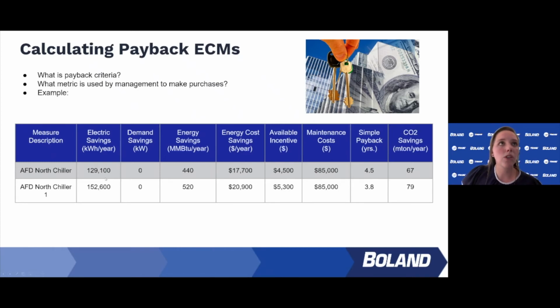So how much does a project cost? That'll help you figure out a simple payback. And if your procurement says, we can do anything under 5 years, there you go. You justify this project. So having that conversation helps you know what you can do and what your boundaries are about how you can spend the money.